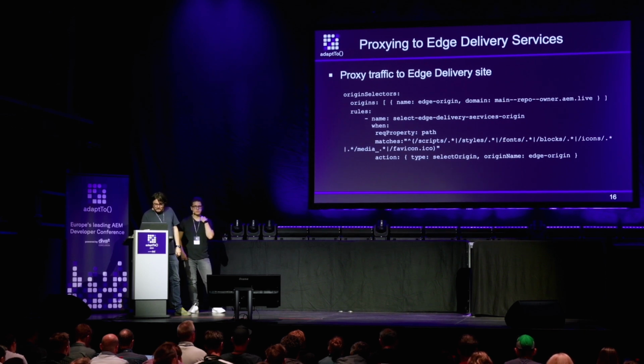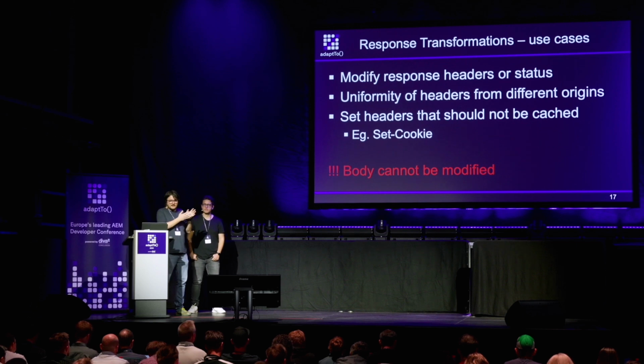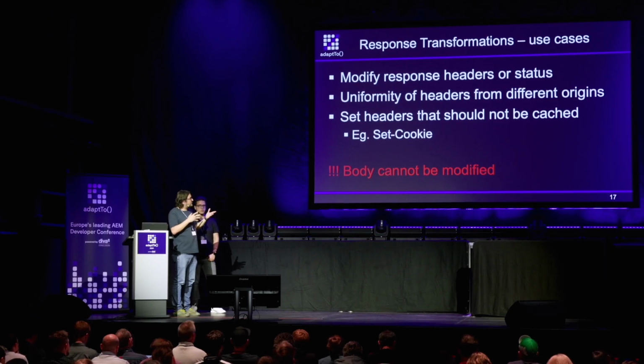And I will rush a little bit through my last slide. The last thing is, after the response comes from the origin or from the cache, you can modify the headers or the status of the response. You cannot modify the body. For this, you would need some more advanced infrastructure like compute, lambdas or things like that, workers.